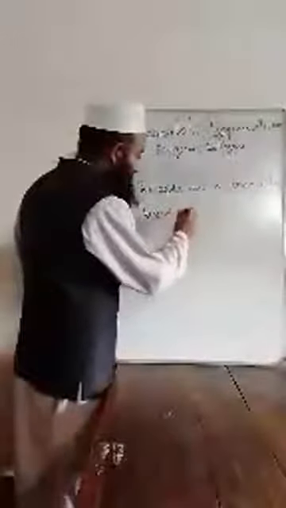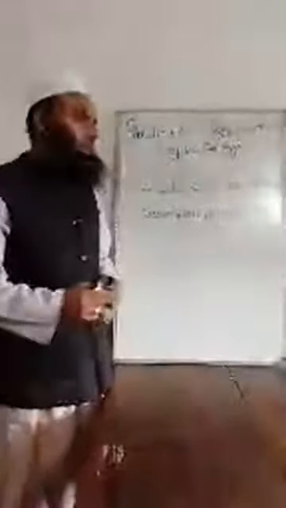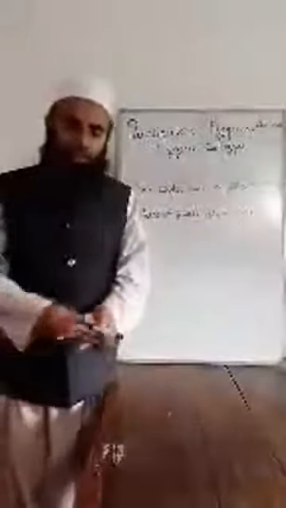Present participle indicates verb plus ing. Just verb plus ing will not be considered a participle, but the word has to work as an adjective, then it will be considered as a participle.